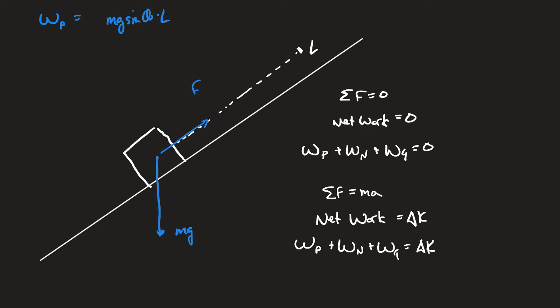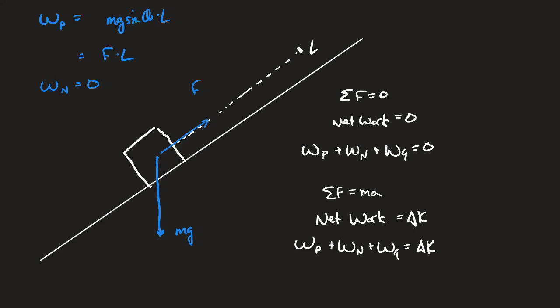Now, I could say that the work done by the pulling force is F times L. That would also have to be true. Is there a reason to believe these two are equal? Yes. And the problem there is, because we know that in the problem, the object moves at a constant velocity up the ramp. And we know that the work done by the normal force has to be 0. So the work done by the pulling force would have to be equal and opposite to the work done by the gravitational force.